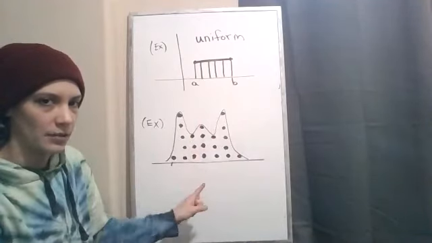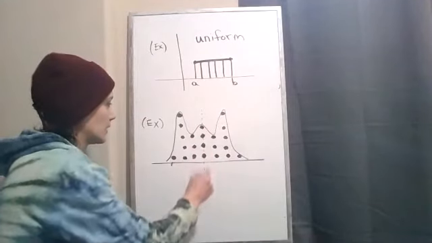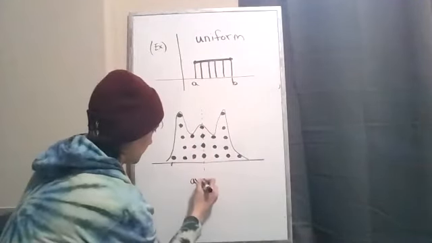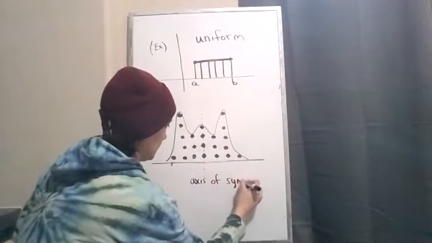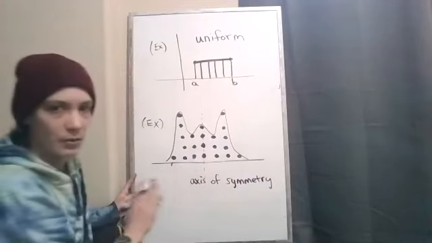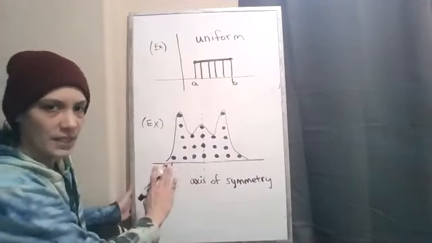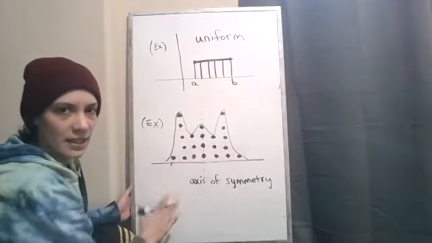The axis of symmetry is where I started. So after we have a graph of the data, if one side is an exact reflection of the other side, it's symmetric.